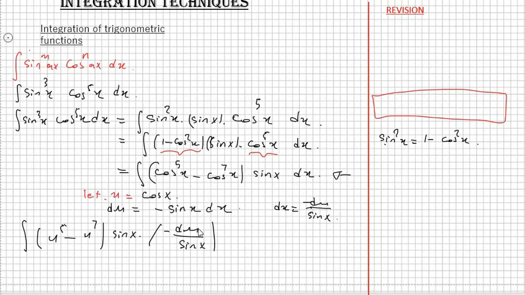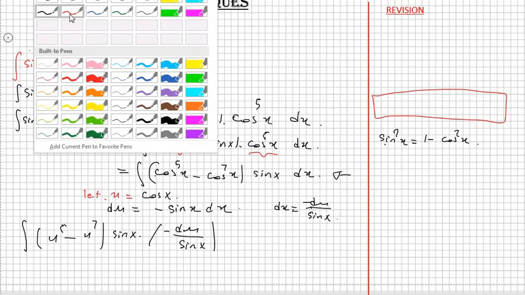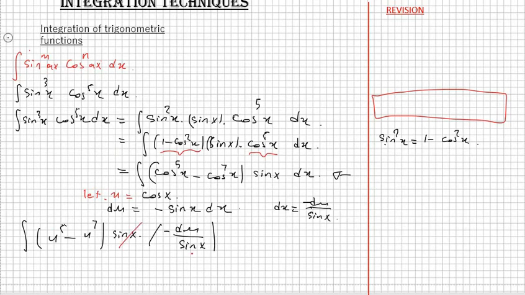The next step is to simplify. I can simplify these two, and at the end I'll remain with a negative sign which goes in front of the integration symbol, and then I have u to the power 5 minus u to the power 7, and then I have du.